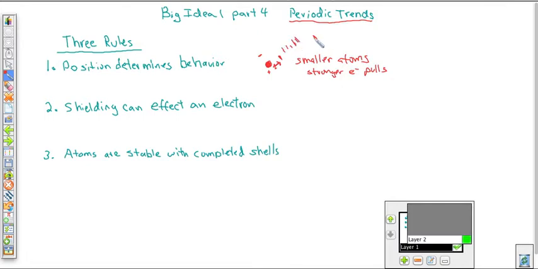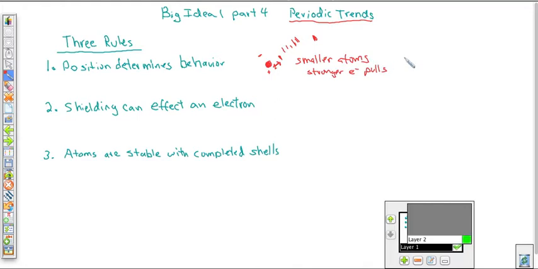There's just not much pull between this electron way out here and this positive nucleus way down here. So it works both ways. The smaller it is, that means the closer it is. It'll actually be pulling harder on it, and the further away it is, it'll really not have much to hang on to, you see.